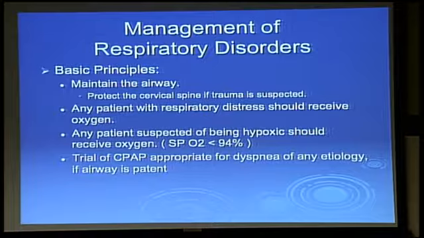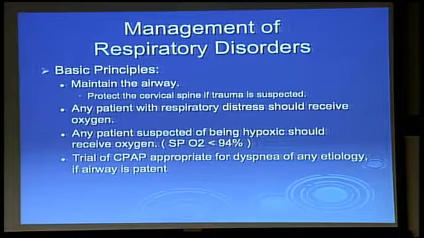So the basic principles are that we maintain the airway, protecting the cervical spine if needed, and that if there's respiratory distress, oxygen is not harmful and often helpful. I know that in post-cardiac arrest, there's been some research about normoxia and titrating the amount of oxygen that we give, but in general, in respiratory distress, we're safe giving significant amounts of oxygen.